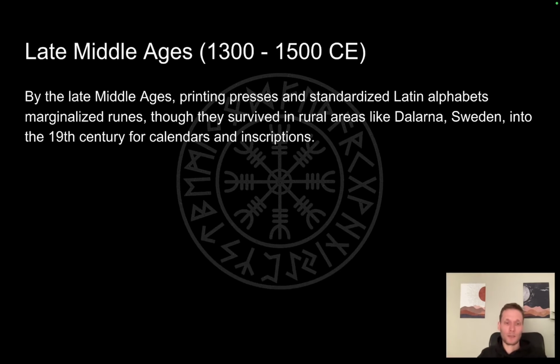By the late Middle Ages, technological advances created the printing press and standardized Latin alphabets, so there was no longer a need to carve into wood or stone, and everything that could be written was usually printed on paper.